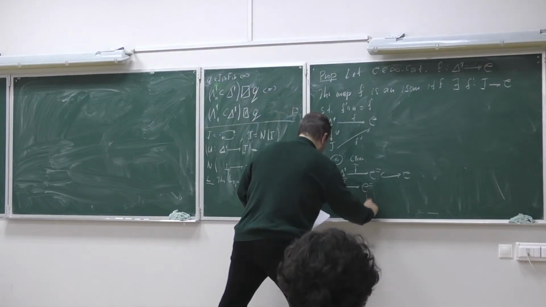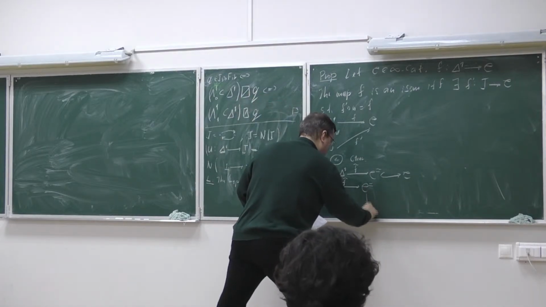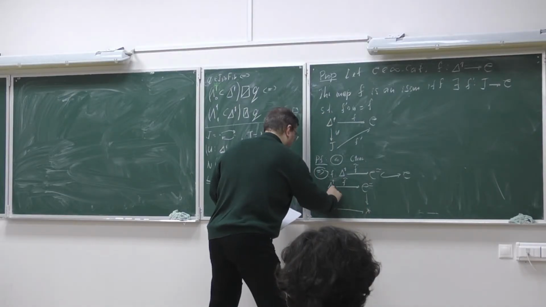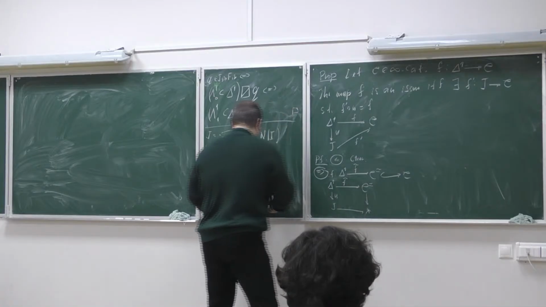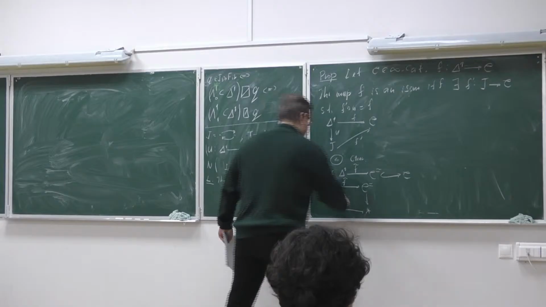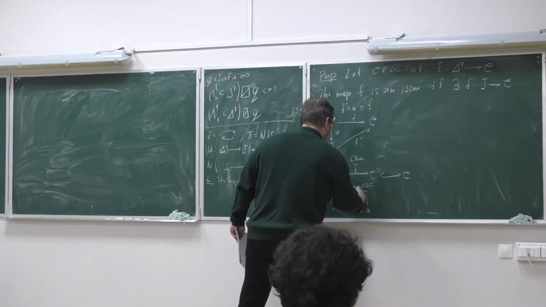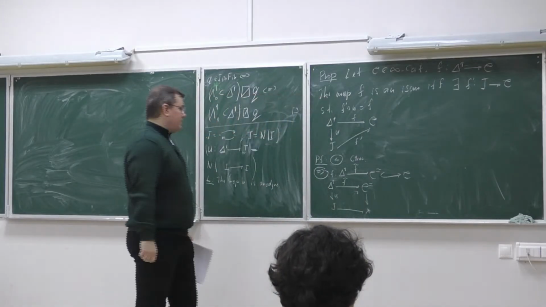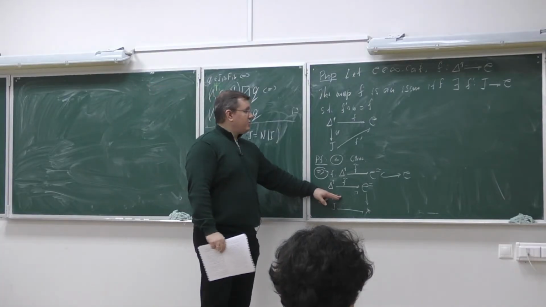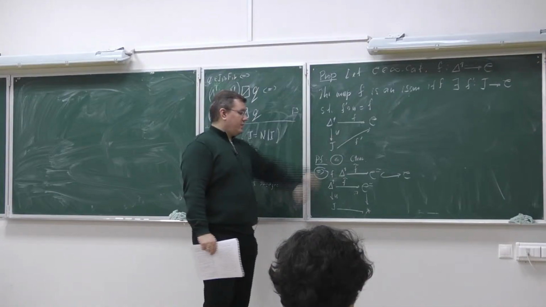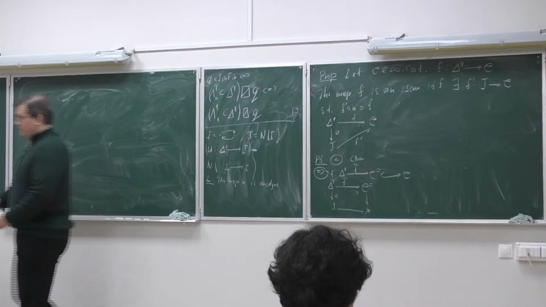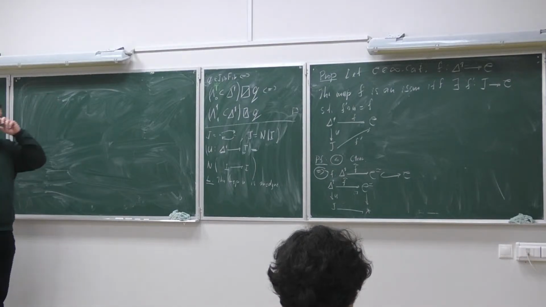So C with tilde is mapped to the point, and there is J mapped to the point, and this is the map U. Now I want to understand that I have a solution of this lifting problem, which by definition is exactly this f prime that we need to find. And why does this f prime exist? Maybe I can ask you this question: why do we have f prime?